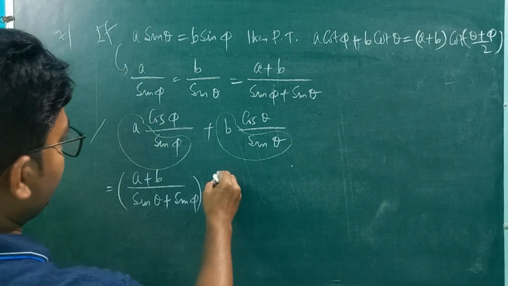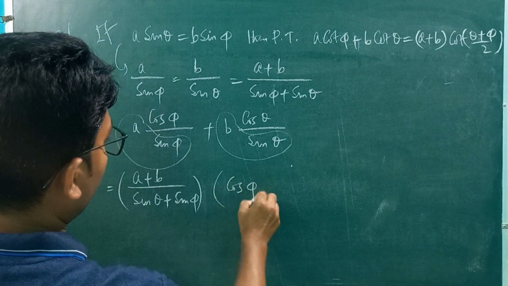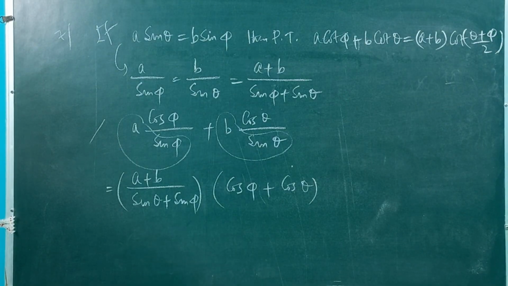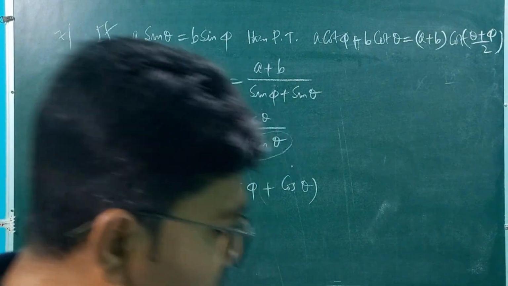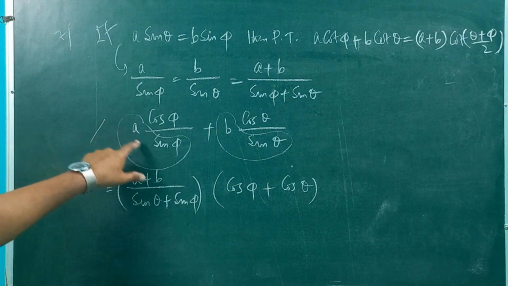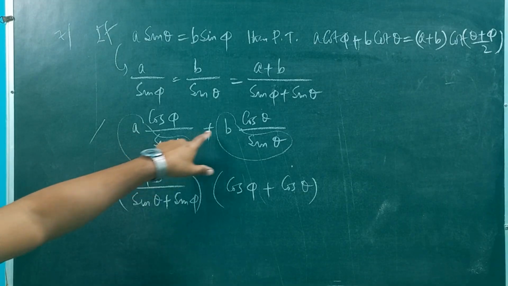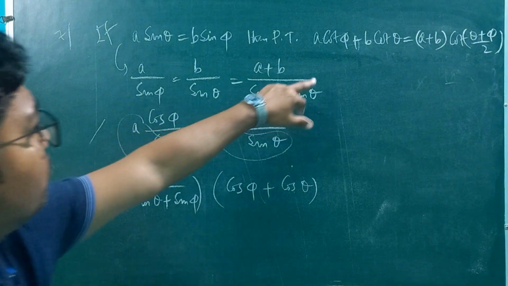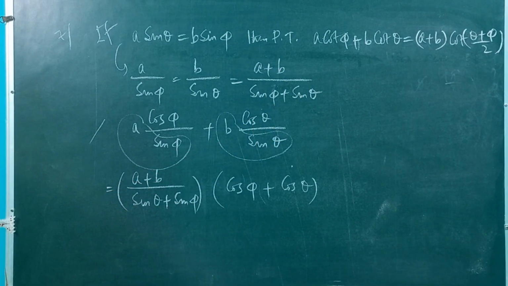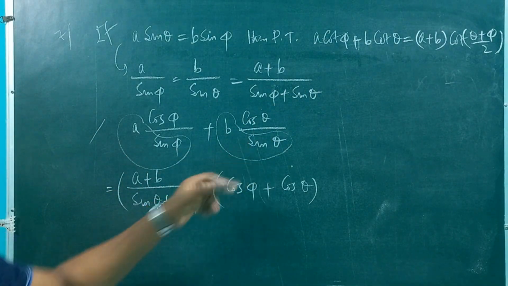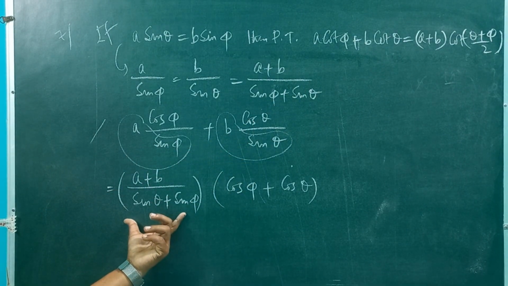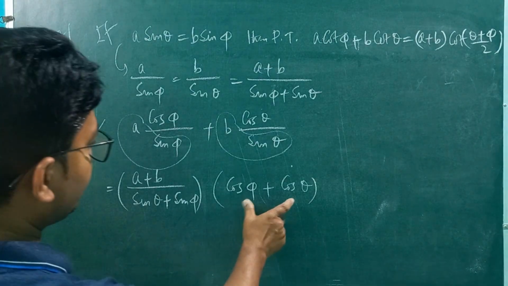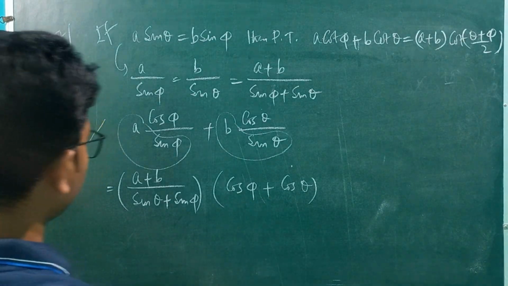This becomes only cos phi plus cos theta. Clear to everyone? These terms are the same, a by sin phi and b by sin theta are equal, and they are equal to this one. So I just take this term common and write a plus b by sin theta plus sin phi. Now apply here cos c plus cos d.